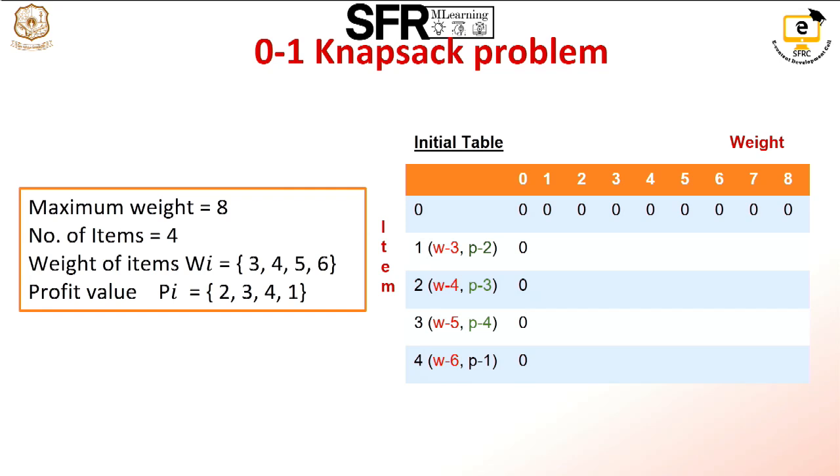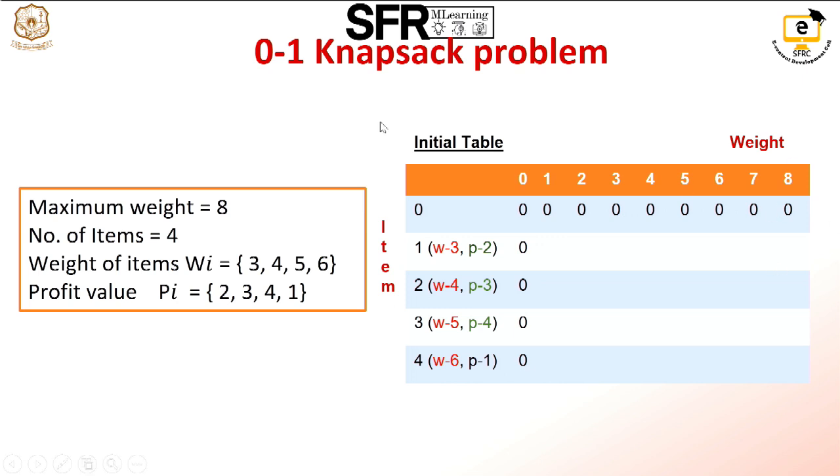Here we consider an example, a bag with maximum weight 8 kg. The number of items given is 4. The weights of the items are 3, 4, 5 and 6, and their values are 2, 3, 4 and 1. Here is our initial table.